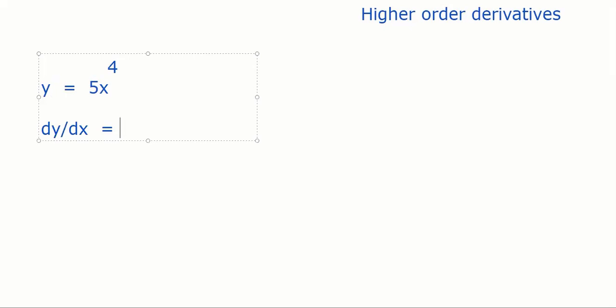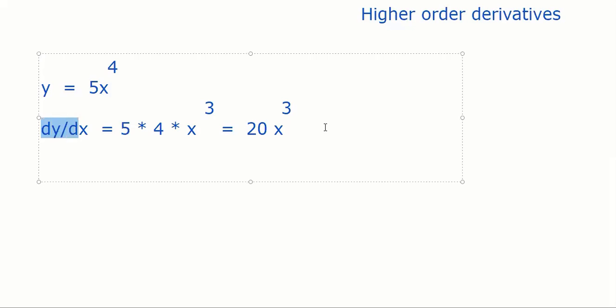What will be dy by dx? 5 times 4 is 20, x cube, right? This everybody knows. So dy by dx is 20x cube.